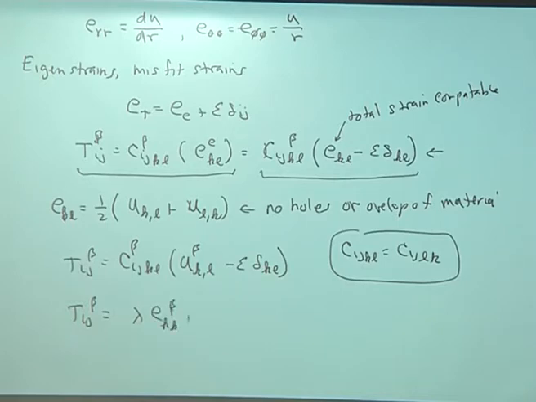K_beta plus 2 mu, Ij beta, minus 3 times the bulk modulus beta epsilon delta Ij. So basically I'm writing this equation right here.